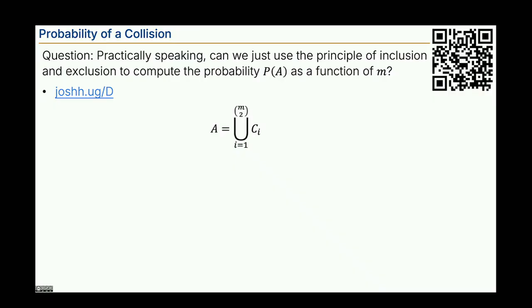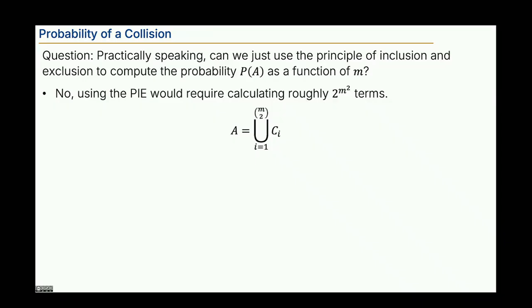So it turns out in this case, I'm going to claim that it's not super practical for modestly sized m because you would end up with a whole lot of terms. I said earlier, if you have n different events, you have 2 to the n, or 2 to the n minus 1, different terms. In this case, we have C1 through C sub m choose 2, so I've got 2 to the m choose 2 terms, and m choose 2 is theta of m squared.